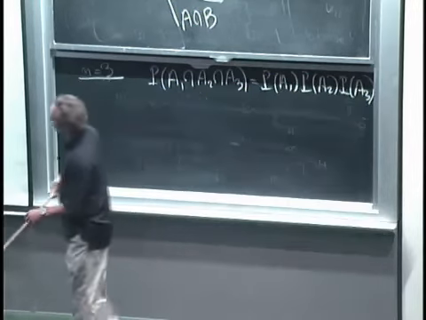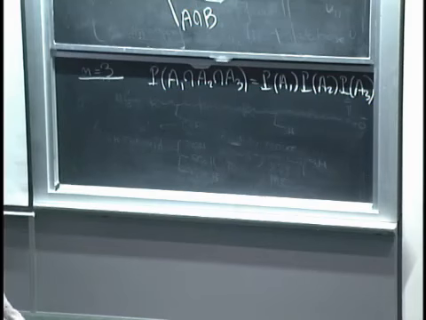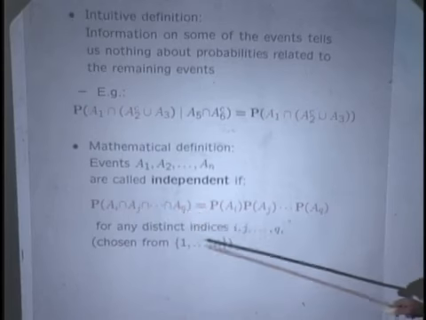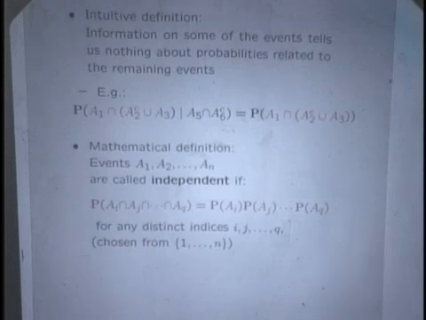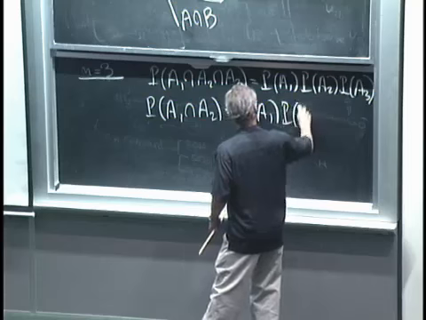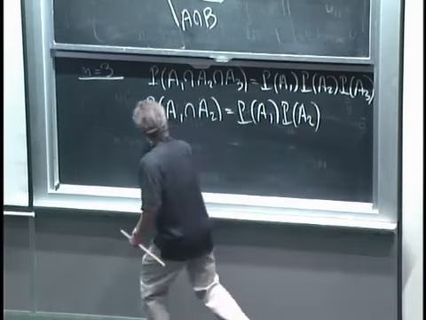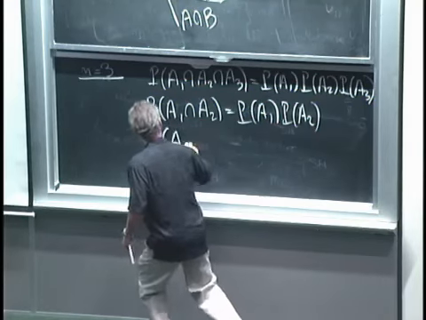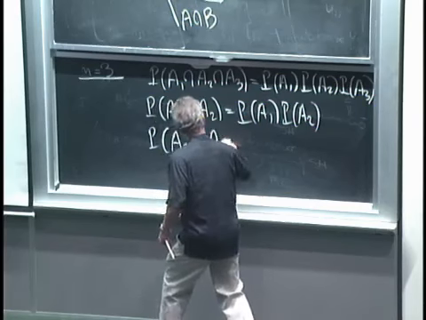But the same is true even if you take fewer events, just a few indices out of the indices that we have available. So we also require P(A1 intersection A2) is P(A1) times P(A2), and similarly for the other possibilities of choosing the indices.